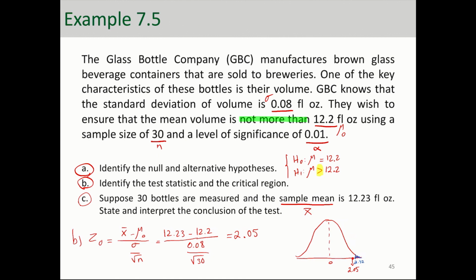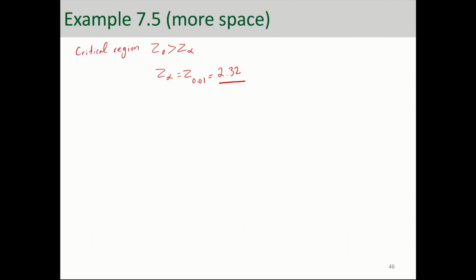So we're not in the critical region, since the score of 2.05 is not more than z of alpha of 2.32, we fail to reject the null hypothesis.